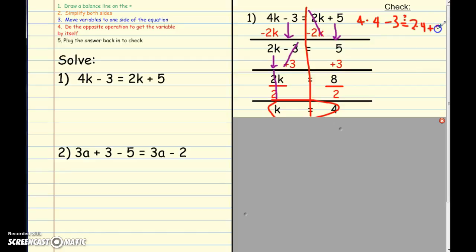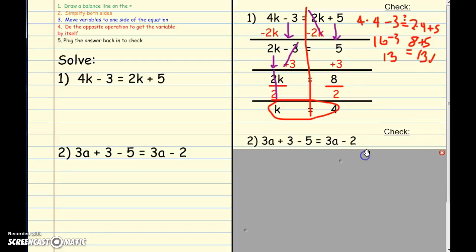I like to write out those steps. 4 times 4 is 16, which gives me 13. Equals 2 times 4 is 8, and 8 plus 5 is also 13. So I know that we did this problem correctly.